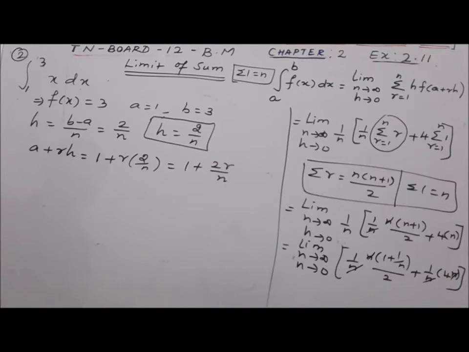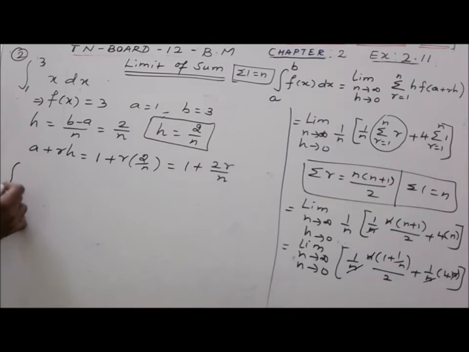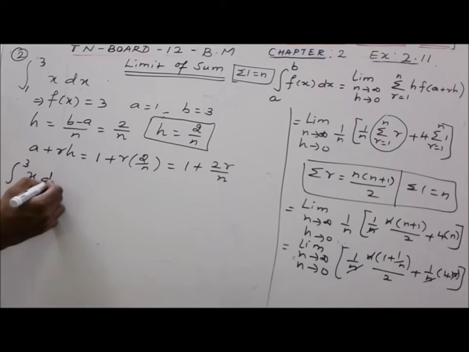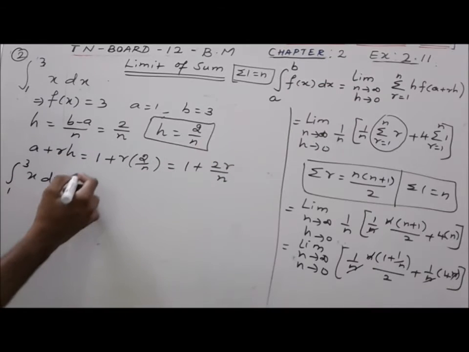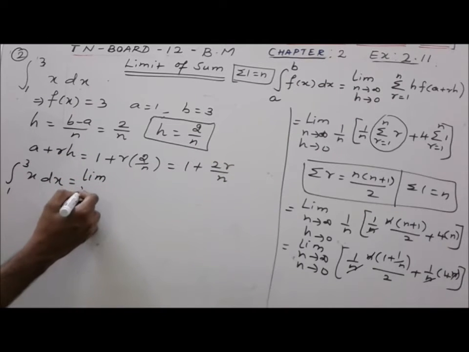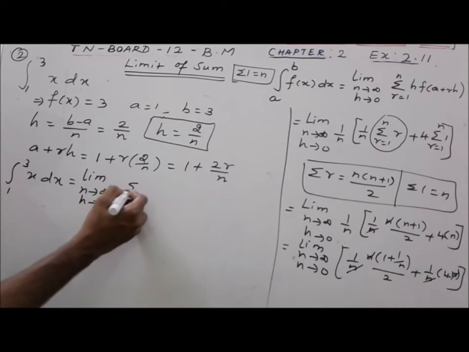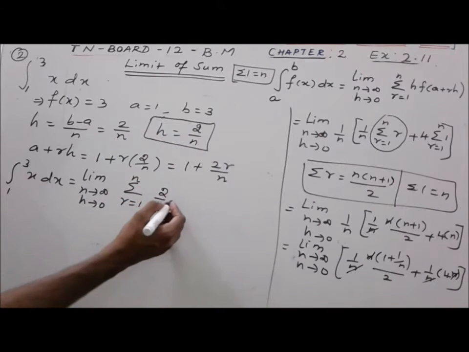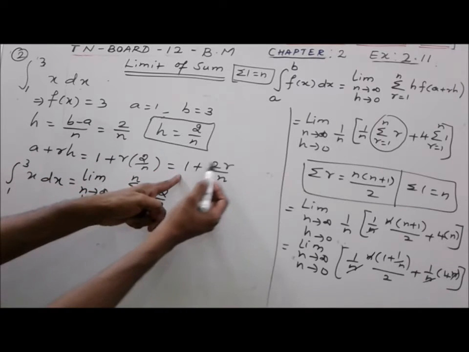Now substituting the values in the formula, integral 1 to 3 x dx is equal to limit n tend to infinity, h tend to 0, sum of r equal to 1 to n h into h value is 2 by n into f of a plus rh. a plus rh is 1 plus 2r by n.